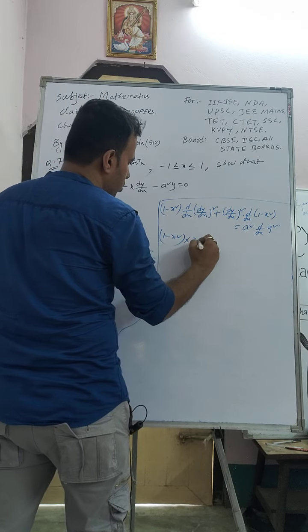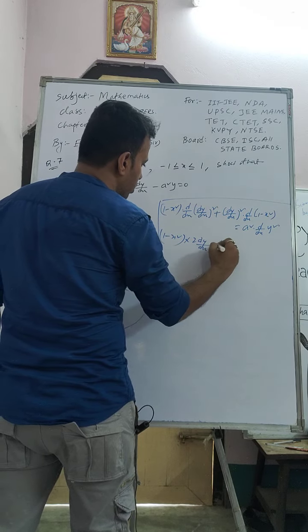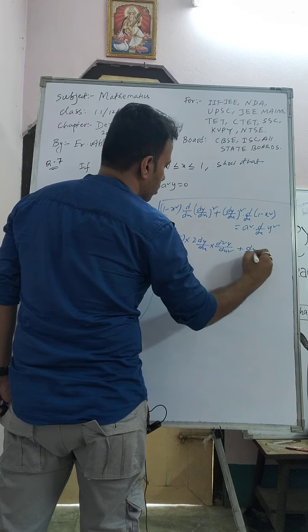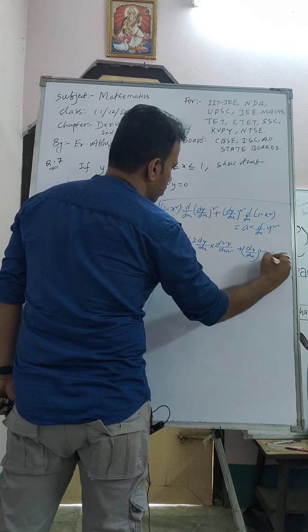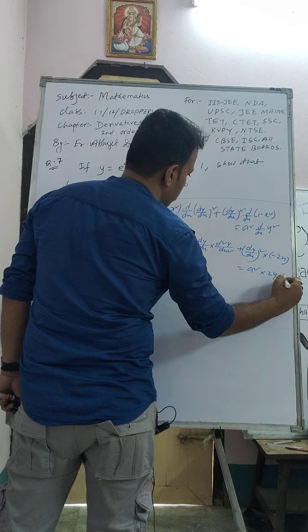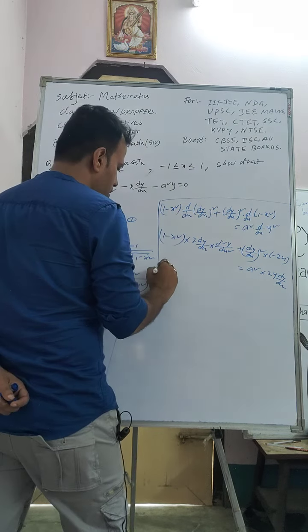It will be 2 dy dx d square y dx square, plus dy dx whole square into minus 2x, equals a square 2y dy dx.